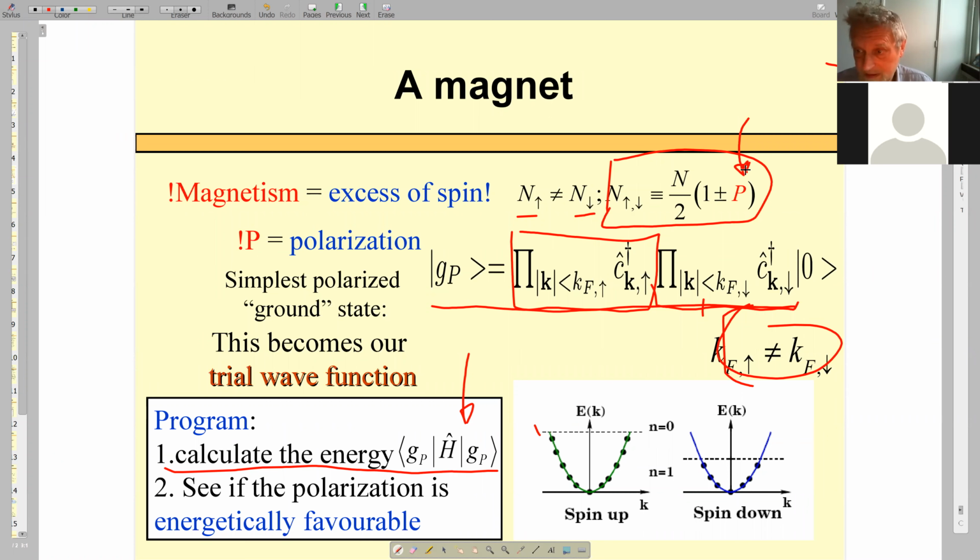So this is an approximation. Now the question of Sebas: how does this differ from the previously defined ground state? Previously, we just had the same numbers of electrons with spin down and spin up. So both Kfs with up and down are the same. Non-magnetic Fermi gas.